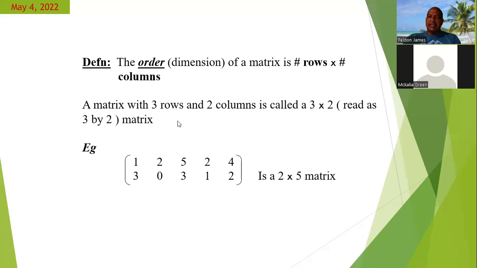How many rows by how many columns? Now, when you look at this matrix here that we have in this example, we can count the number of rows and we can count the number of columns. What is the difference between rows and columns, students? Who can give me a clear distinction of what is a row and what is a column?